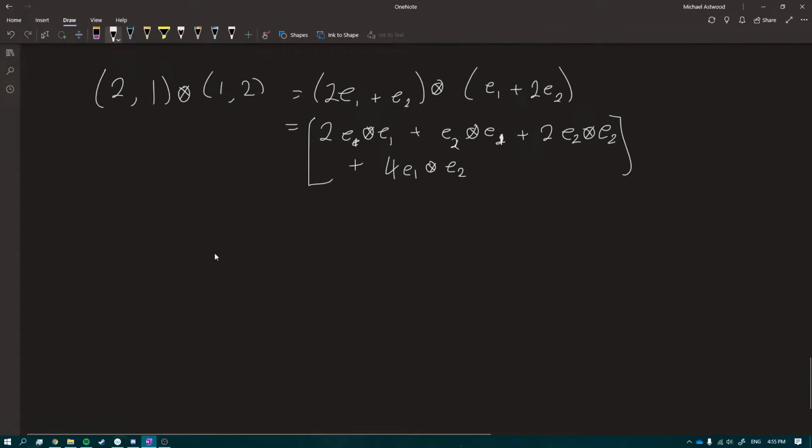And you'll notice that there are only really 4 unique possibilities when you combine these two things.